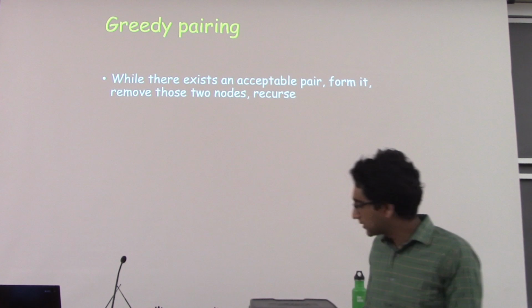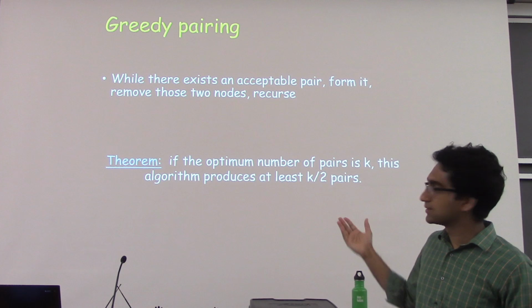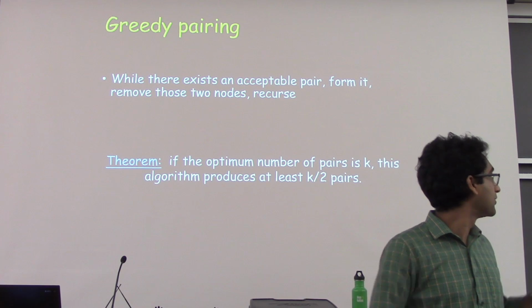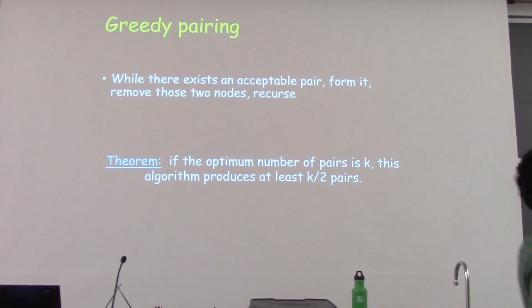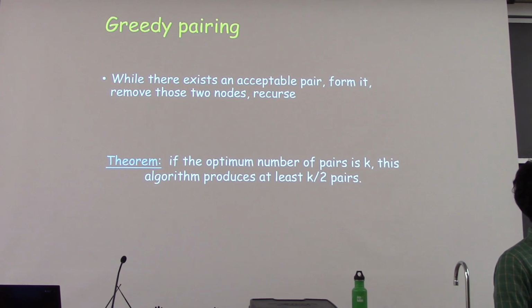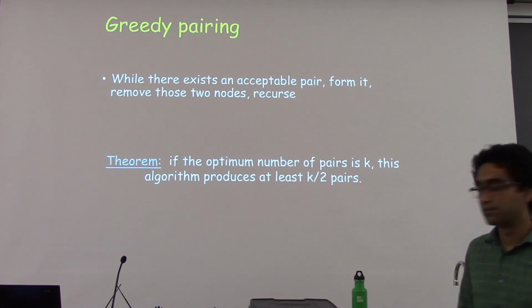We said that this algorithm is what we call a two approximation, in the sense that if the optimum number of pairs, using any possible algorithm, potentially exponential time algorithm, is k, then this very simple algorithm produces at least k over 2 pairs. So it's not terribly bad.